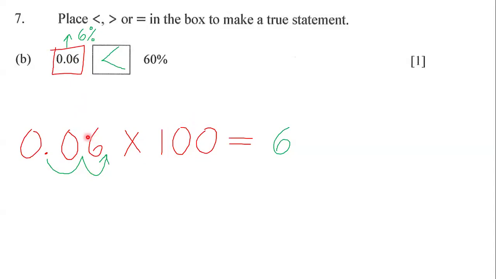And so 0.06 multiplied by 100 is what? 6, because we moved the decimal point over. It's just going to be 6. And so that means that 0.06 as a percentage is 6%. So 6% versus 60%, which one is higher? 60%. That's how we got our answer.